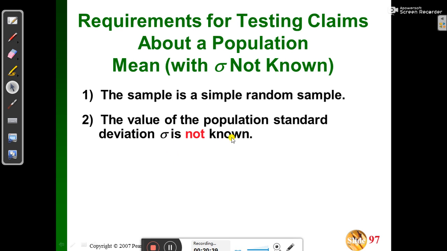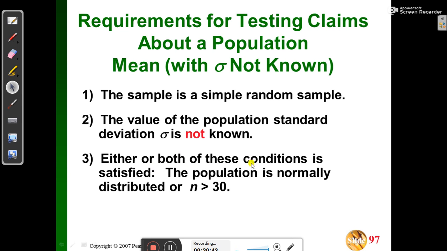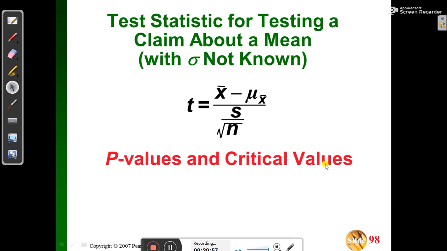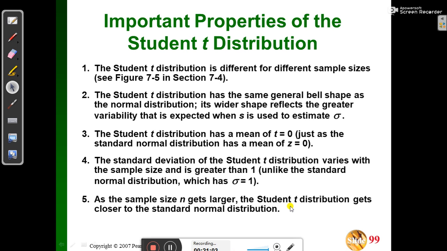The value of the population standard deviation sigma is not known. Either or both of these conditions is satisfied: the population is normally distributed or n is greater than 30. So we will use this equation when sigma is not known. P-value and critical values are found in A3, with degrees of freedom n minus 1.